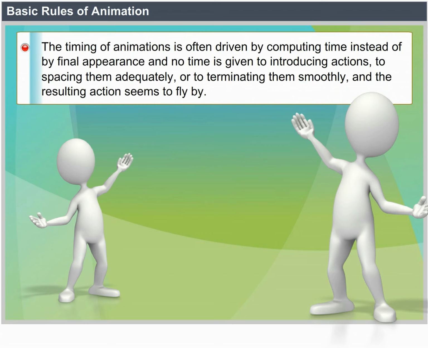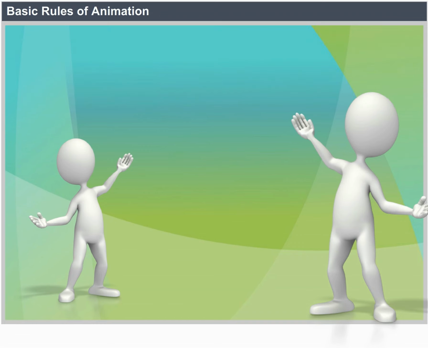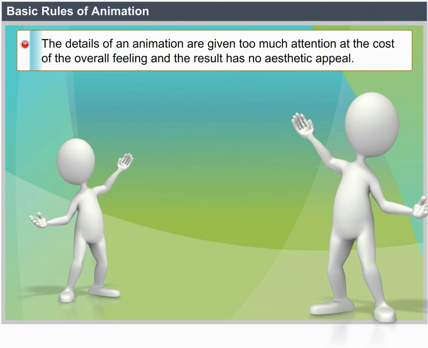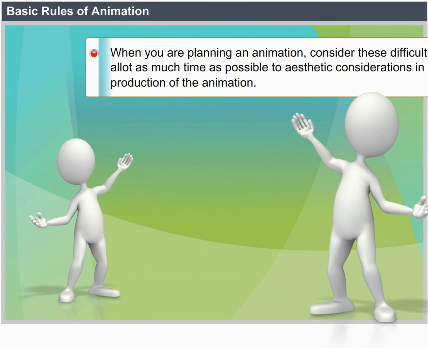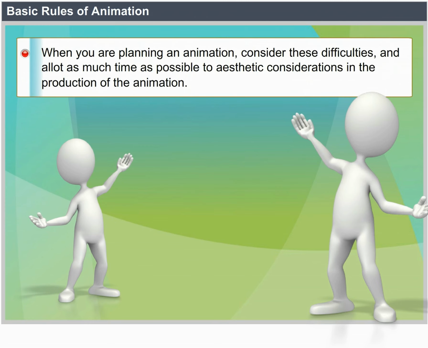No time is given to introducing actions, to spacing them adequately, or to terminating them smoothly, and the resulting action seems to fly by. The details of an animation are given too much attention at the cost of the overall feeling, and the result has no aesthetic appeal. When you are planning an animation, consider these difficulties and allot as much time as possible to aesthetic considerations in the production of the animation.